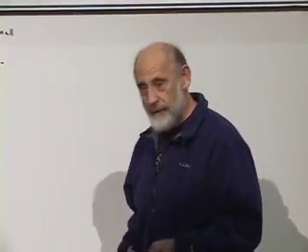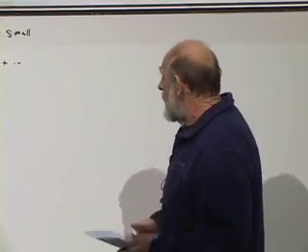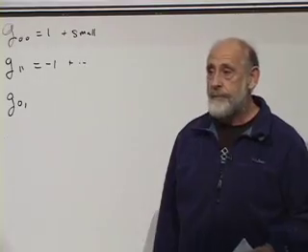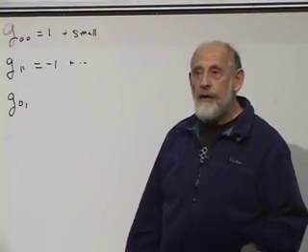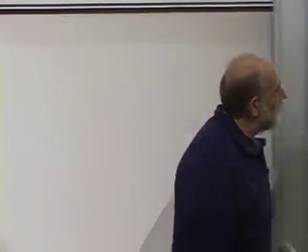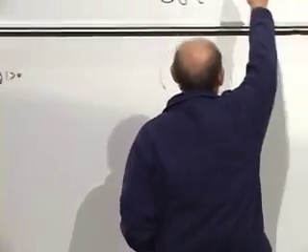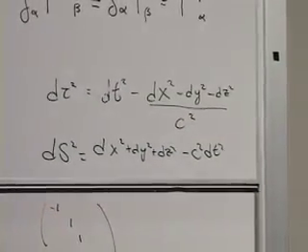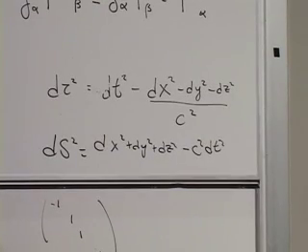What about weak fields, but you move fast? Special relativity. We want to deal with both of those. But in special relativity, what is G01? That's 0. There are no terms multiplying dt by dx. So this is equal to 0.